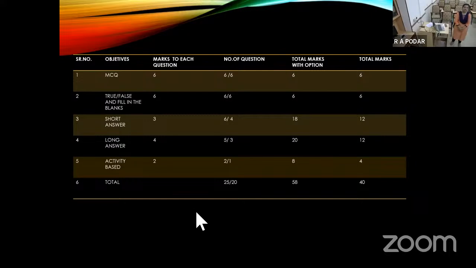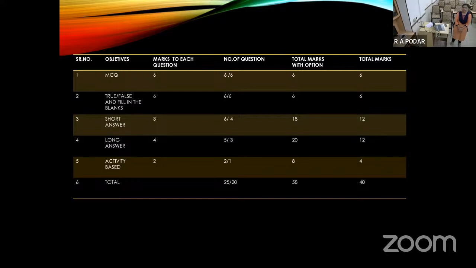Okay, so in the question paper format, the types of questions I have given here are MCQ, true, false, and fill in the blanks. Third, short answer is a 3 marks question. Long answer is a 4 marks question, and the fifth is an activity based question. The total number of questions in section 2 is 25, and out of 25 we have to attempt 20 questions.